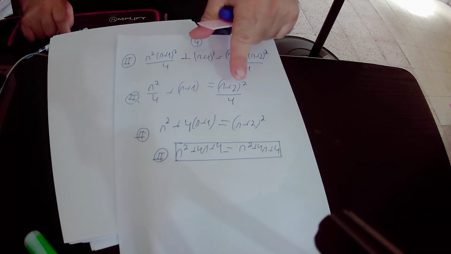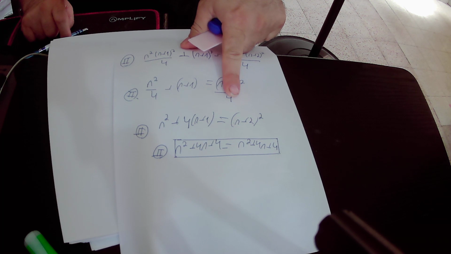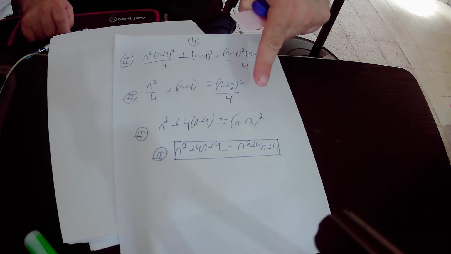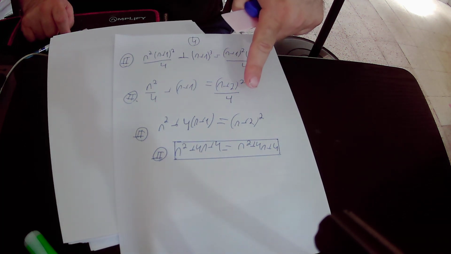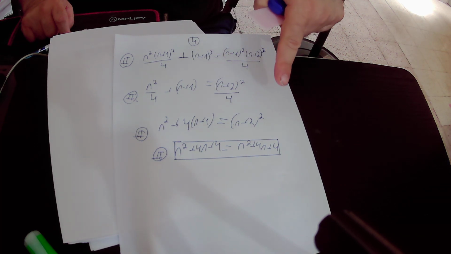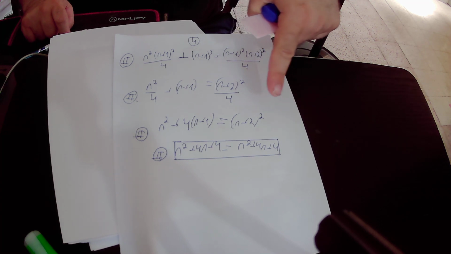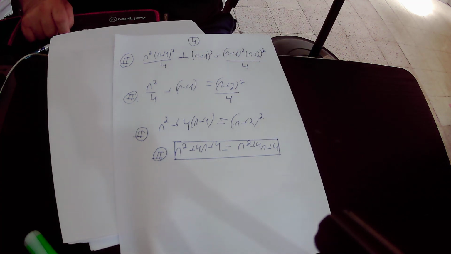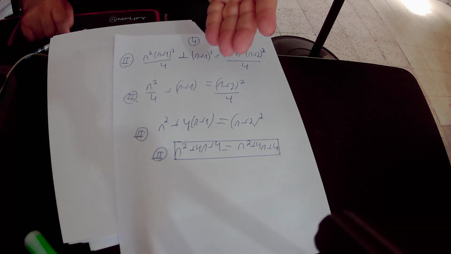We can say that (n plus 2) squared is n squared plus 2ab, which is 2 times n times 2, that is 4n, plus b squared, which is 2 squared, that is plus 4. So we have an identity.